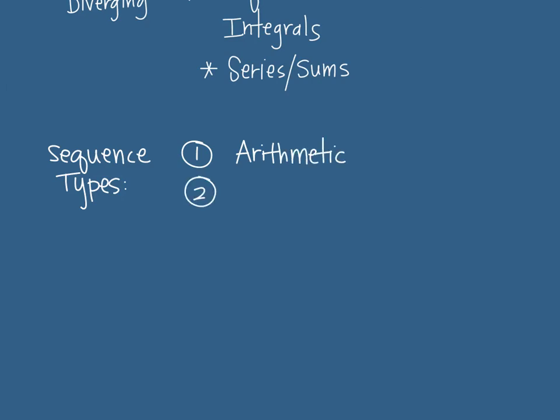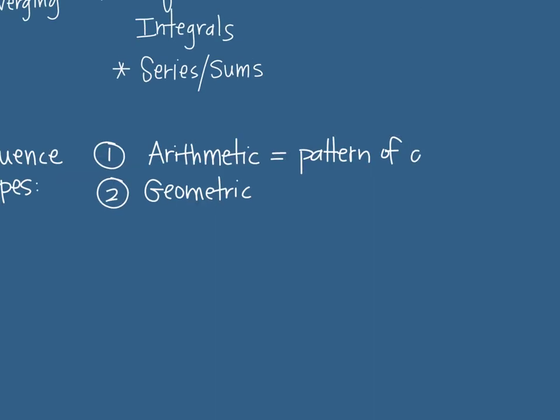And number 2, something called geometric. The title of the sequence is determined by the type of pattern that is being formed by the sequence. Arithmetic is the pattern of addition, and geometric is a pattern of multiplication.